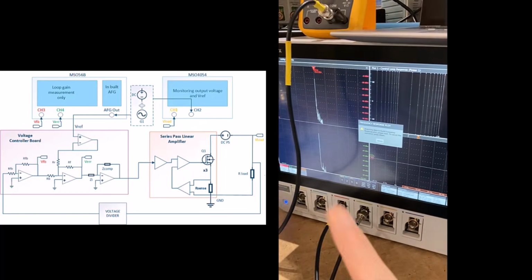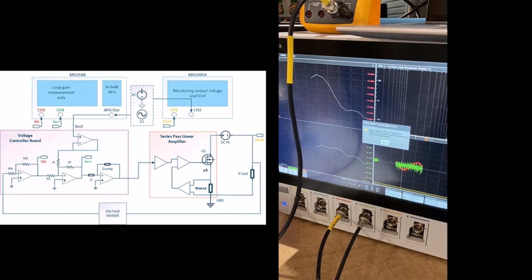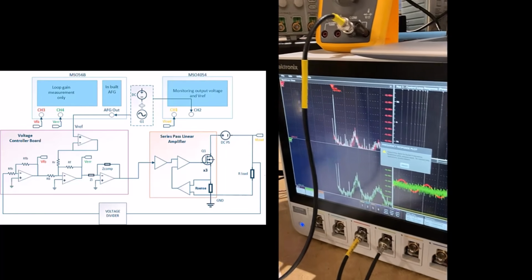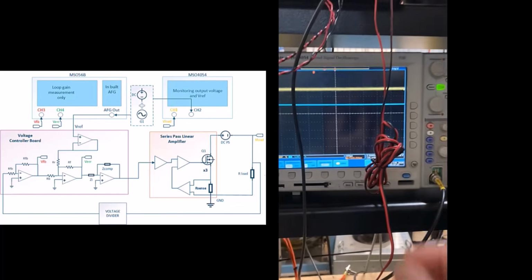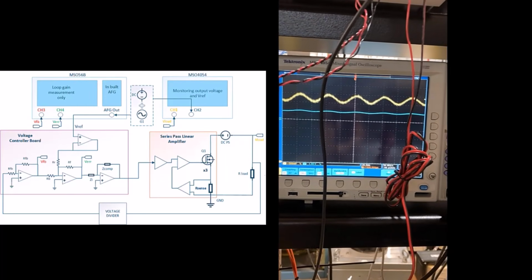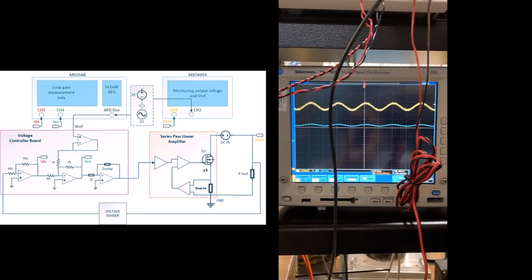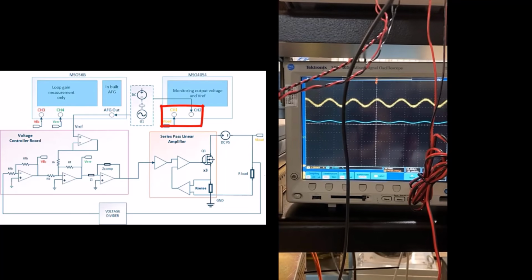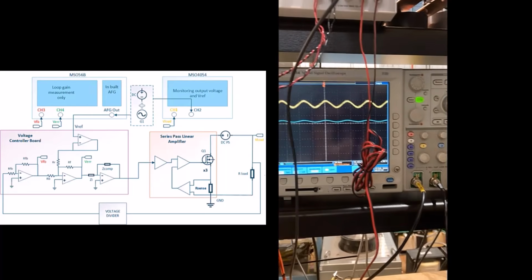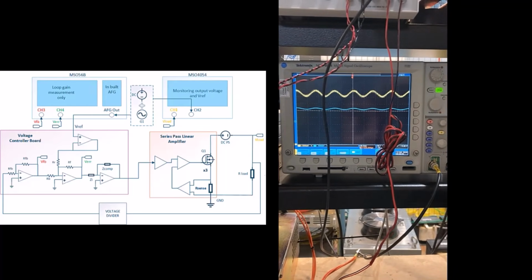As you can see, it's using spectrum view to get an idea about the gain. And on this scope, as you can see, I have my output voltage and my reference signal. So once this measurement is done, I will show you the results.